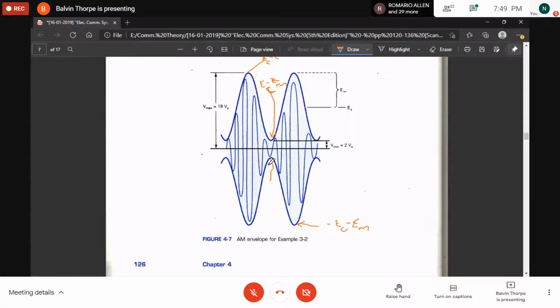So this is the envelope. So this will be EC minus EC plus EM. So this is actually going to give you the maximum magnitude.